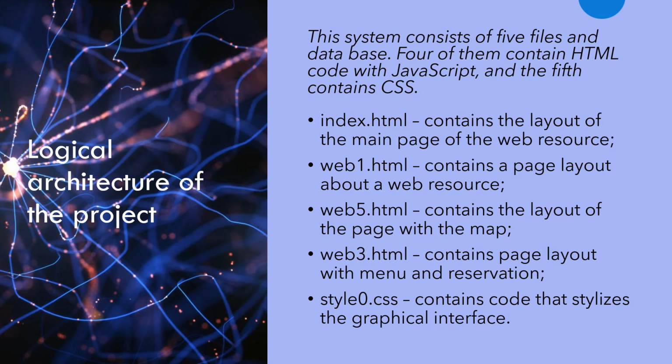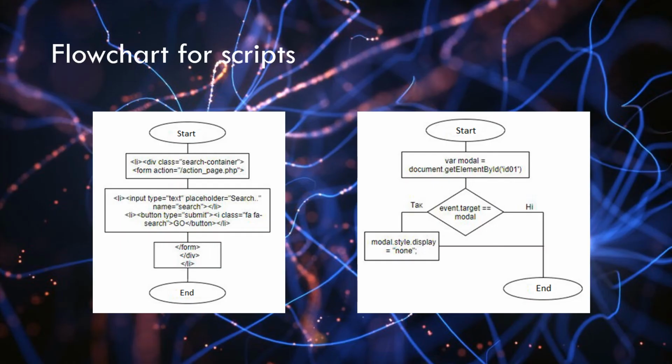Web1.html contains a page layout about the web resource. Web5.html contains the layout of the page with the map. Web3.html contains the page layout with menu and reservation. Style0.css contains code that stylizes the graphical interface.